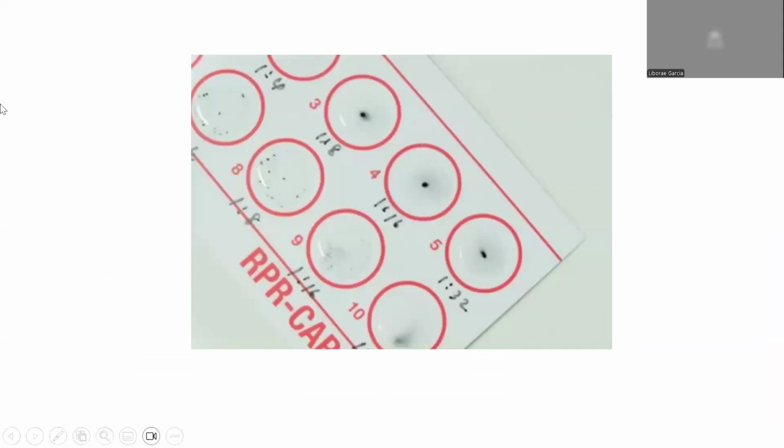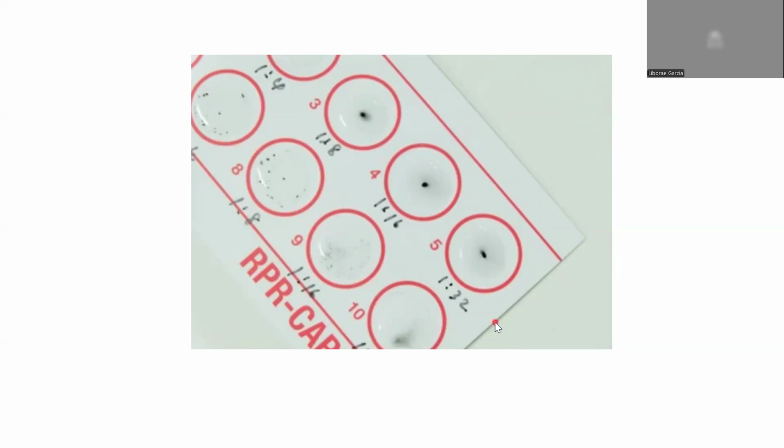For this example of your RPR, the solid black is not considered as clump, it's because of your antigen with charcoal. So if it is solid black in the middle, that is negative. But if there is clumping at the edge, that will be positive.